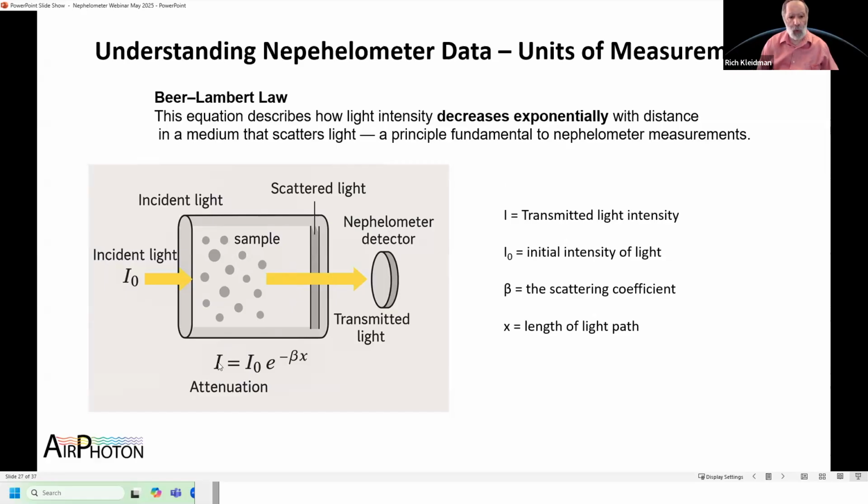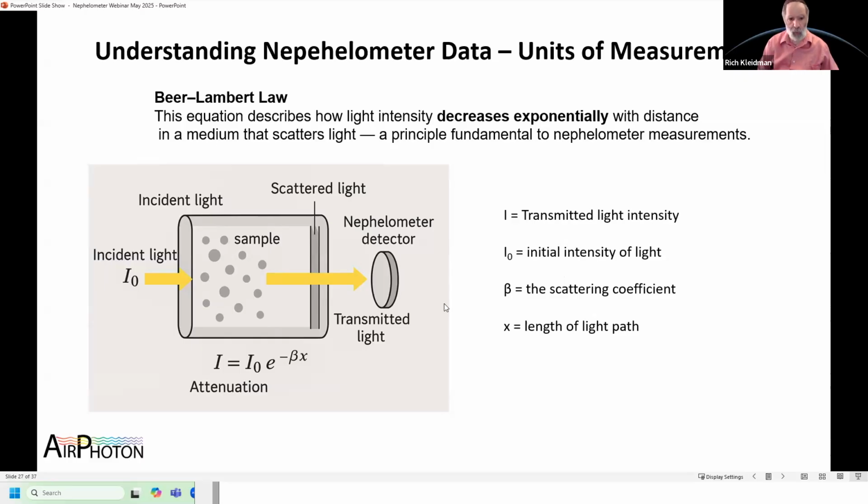So here what we want to know is the attenuation. What's the transmitted light intensity? That's based on your initial incoming light intensity, your scattering coefficient, and the length of the path, right? The longer the path, the more particles you have.